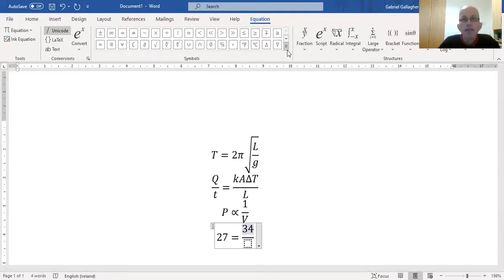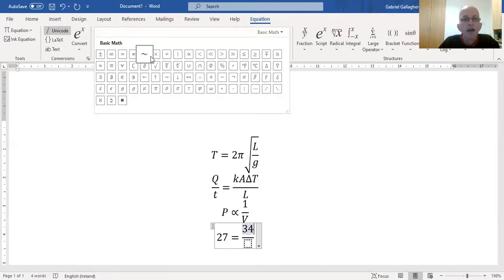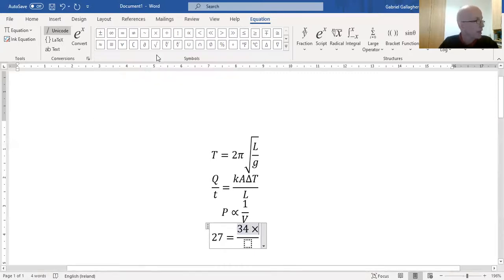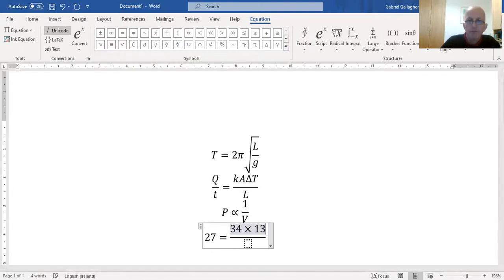Multiplied by, again on the basic maths up here, a very strong X, and 13. Then click into the bottom box, and on that side I had 17 multiplied by C. So 17, again select the multiplication sign there, and little c.